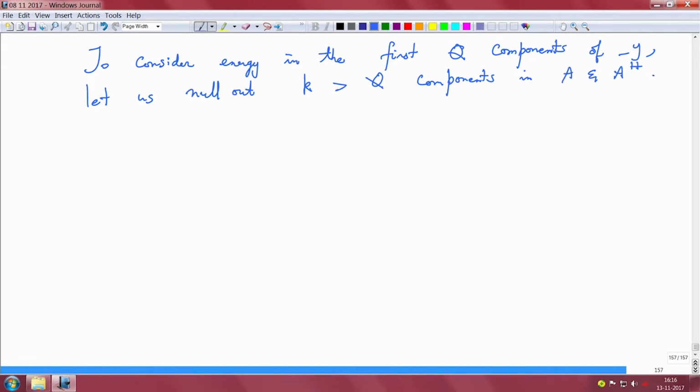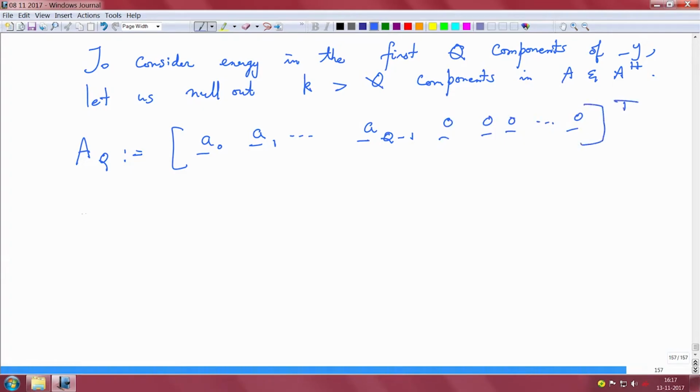Okay. Now, let us form A q by retaining the first q components, and this is A naught, A1, dot dot dot, A q minus 1, 0 0 0, transposed, and A q Hermitian is this matrix which is A naught conjugate, A1 conjugated, dot dot dot, A q minus 1 conjugated, null null null.